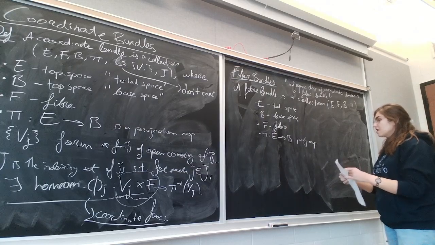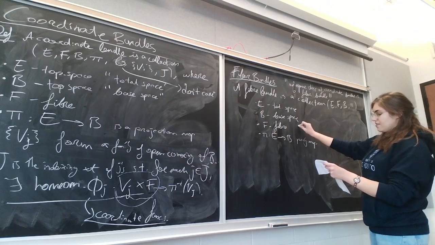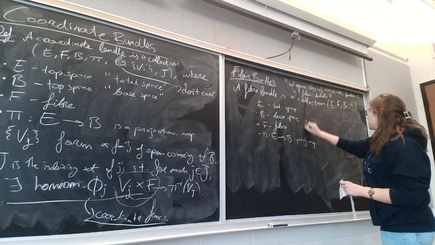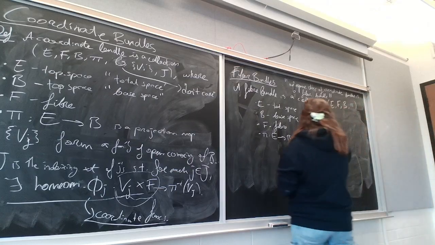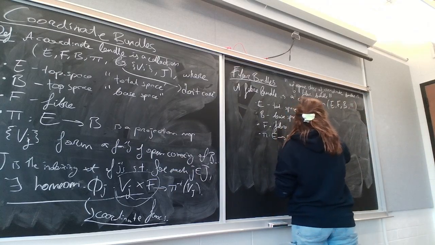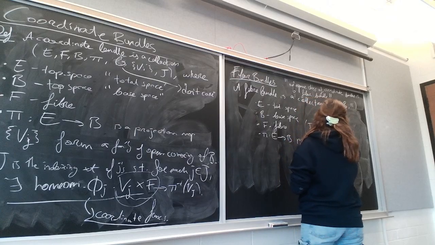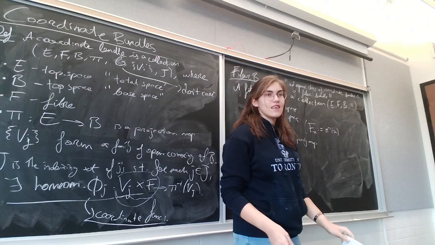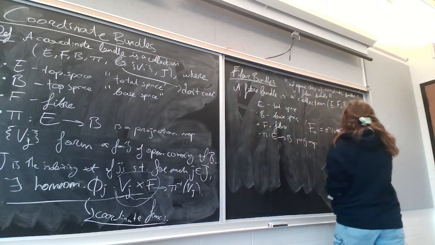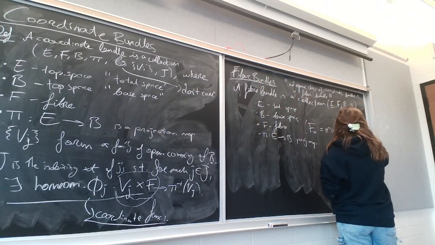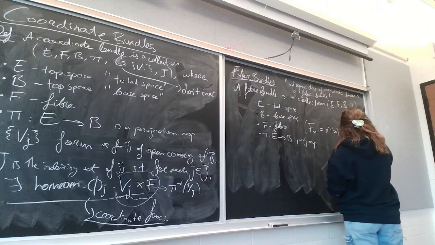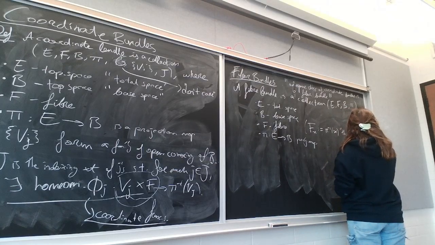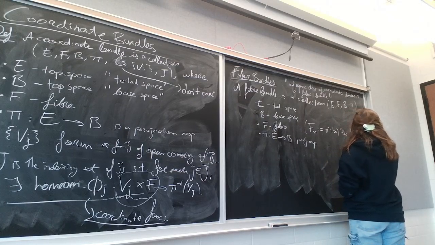Now, if you define F_x to be the pre-image of the point x inside E, this is called the fiber over x.